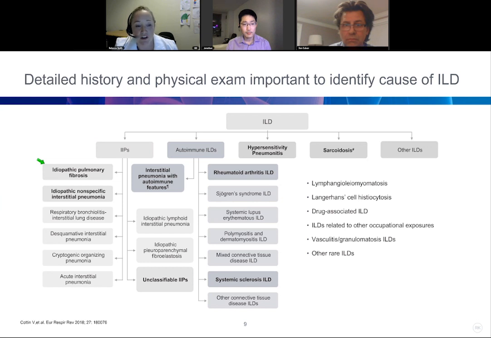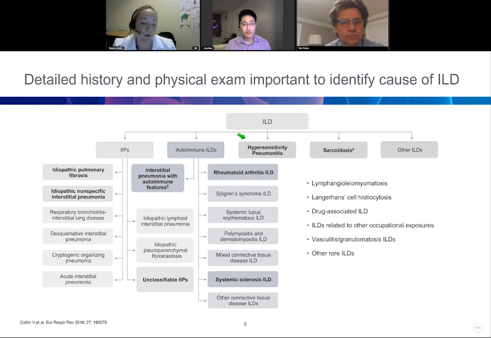Then the other major class is autoimmune lung diseases. And the main ones we tend to see there are certainly rheumatoid arthritis-associated interstitial lung disease, systemic sclerosis, and also myositis or antisynthetase spectrum diseases. And the third main category is exposure-related lung disease. Certainly hypersensitivity pneumonitis would be the kind of hallmark of that.